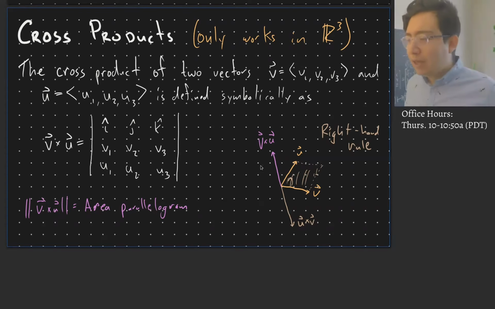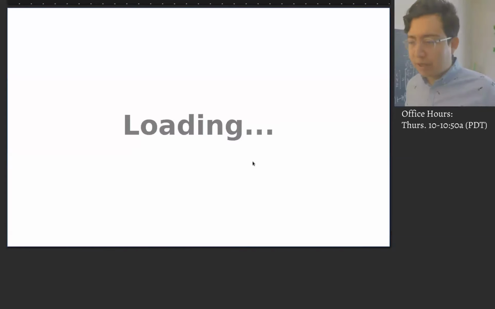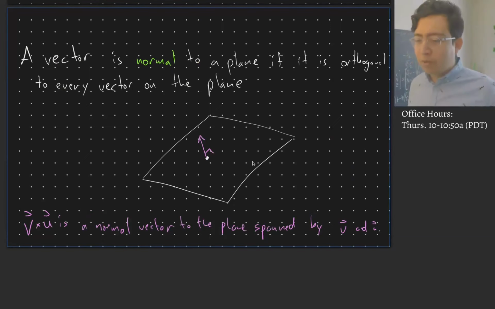But then there's another word we want to use when describing this sort of cross product. We introduced this new word with respect to a plane, which is to say that there's a vector that's normal to the plane, which just means that it's orthogonal to all of the vectors that live along the plane, right? In my picture here, I drew it as a right angle with the plane itself.